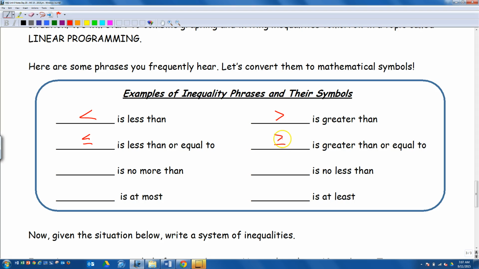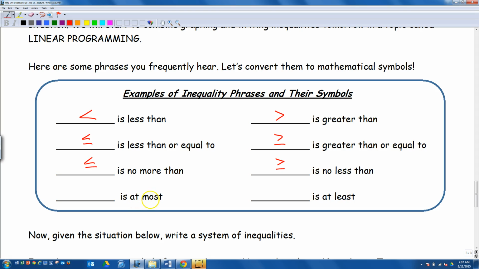"Is no more than." Okay, no more than means it can equal it, but we want lower. So "is no more than" is the same thing as less than or equal to, technically, because we don't want more. We want this to be less than or equal to something. "Is no less than" is just like greater than or equal to. "Is at most."